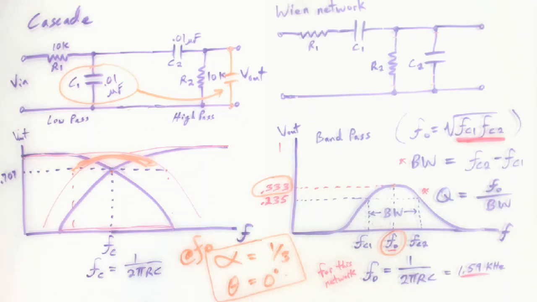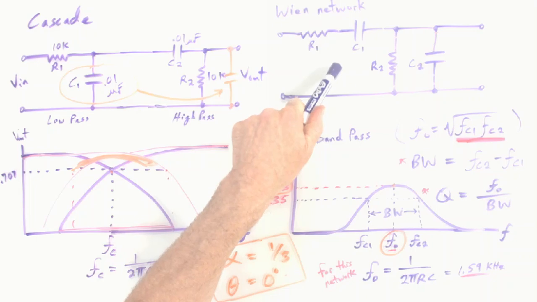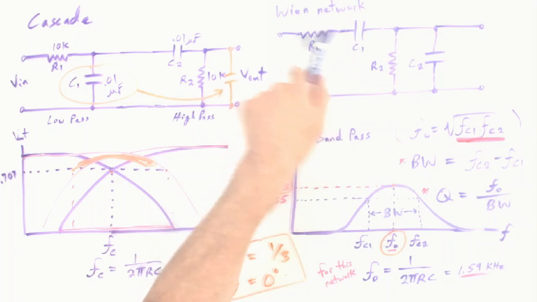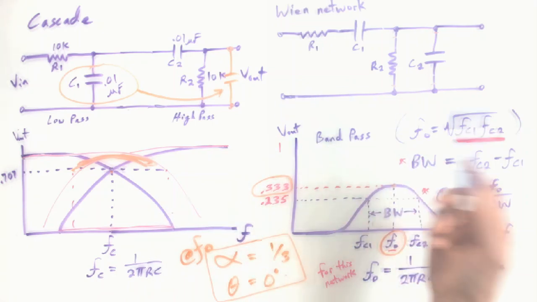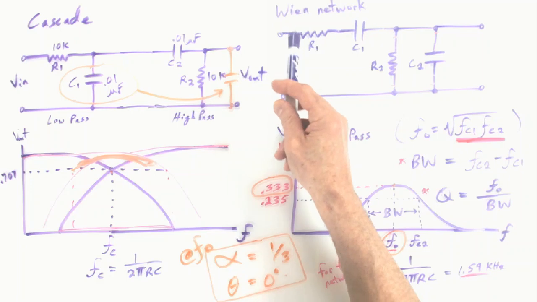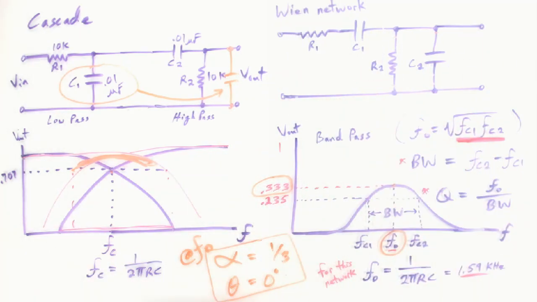In a lot of places I've read that, when they try to go backwards, they'll just show you the classic Wien network circuit, and they'll explain it as: here, this acts like a high pass and this acts like a low pass. And I'm thinking, I don't know. I'm not saying I'm right for sure, but here's sort of where I see a low pass, and here I see a high pass. Whatever. That's a sidebar.